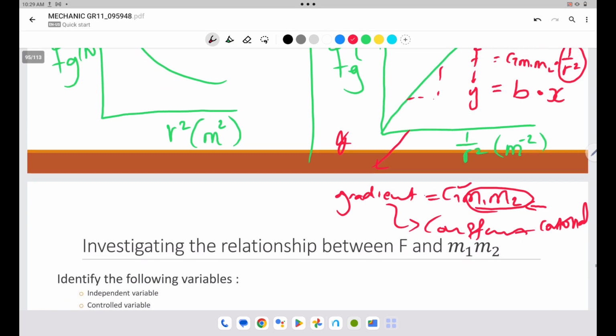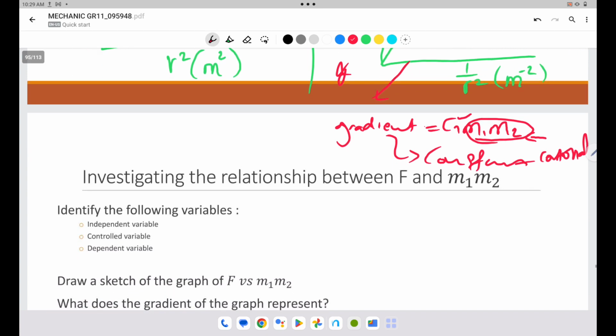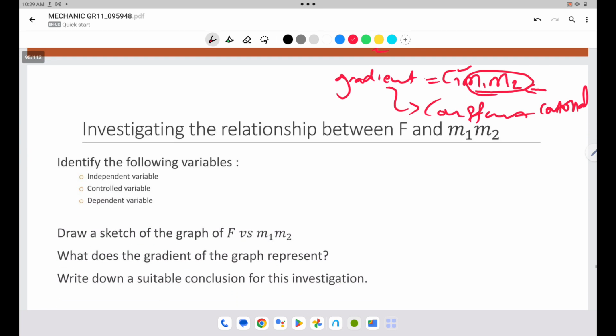Okay, so let us just look at an investigation there. It says investigating the relationship between force and the product of the masses. In any investigation, the most important thing would be the variables, yes.